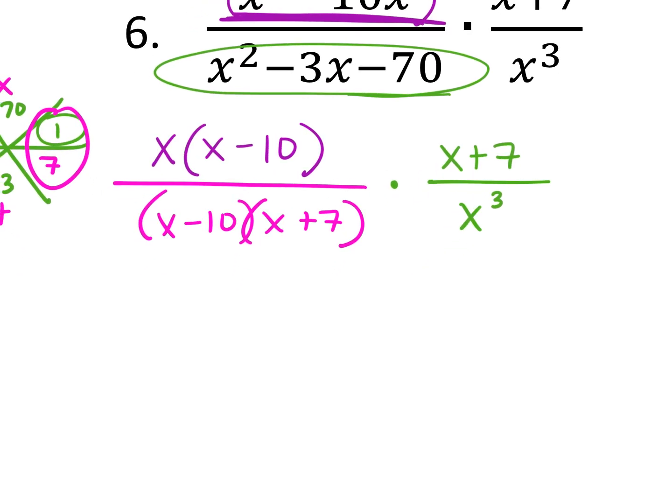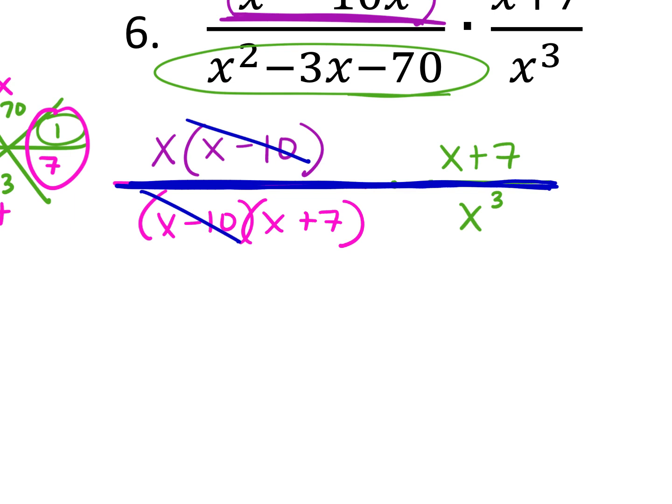Okay, now remember, when it's multiplication, you're essentially multiplying straight across. So I can just turn this into one big division bar. Everything on top is my numerator, everything on bottom is my denominator. What can I do to that? Jason, what would you do next? You cross out the x minus 10. Okay, x minus 10s go away.